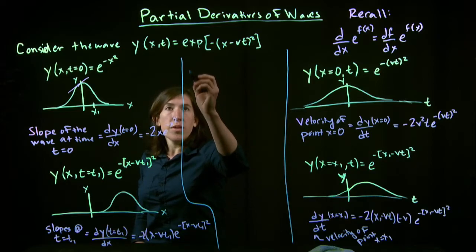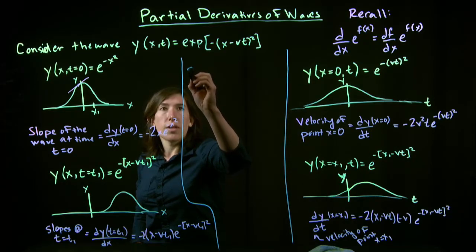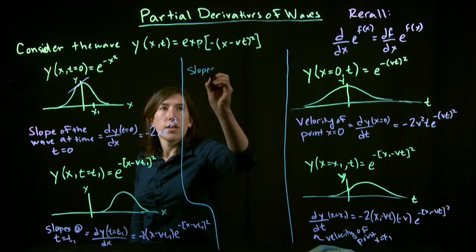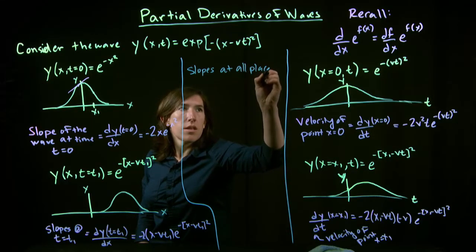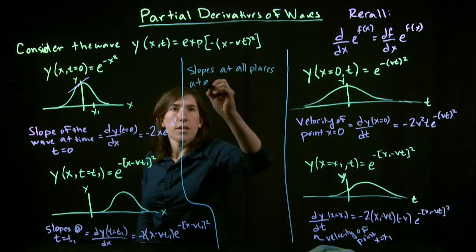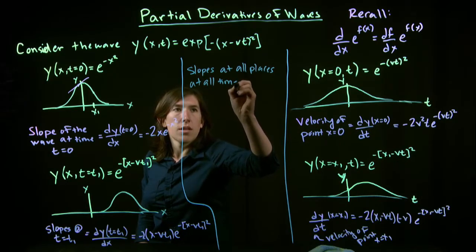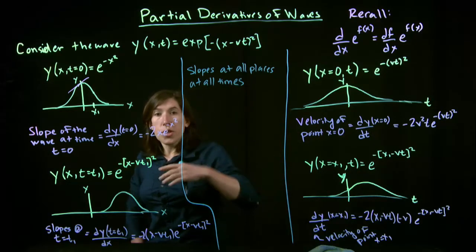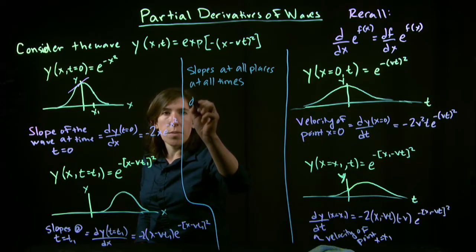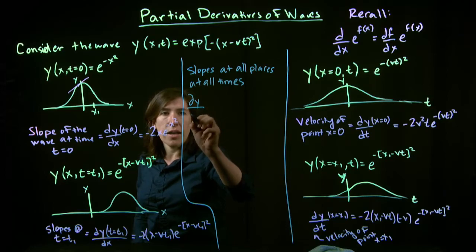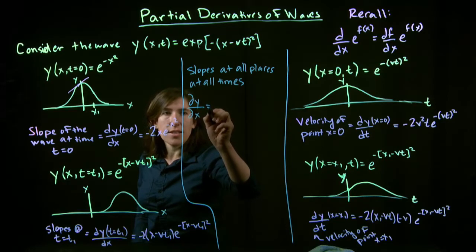So what we want to do, if we want to learn about the slopes at all places, at all times, you just take the partial derivative. And so what you do is you say the partial derivative of y with respect to x.